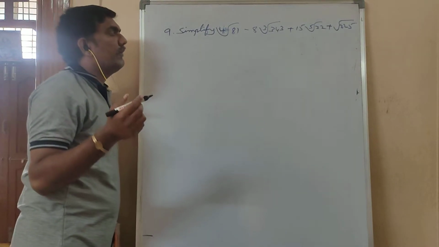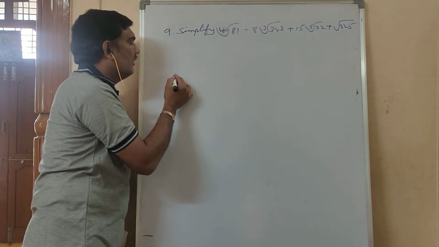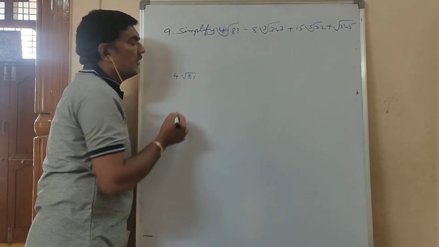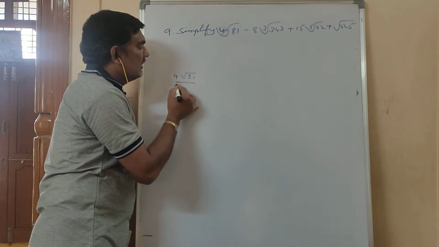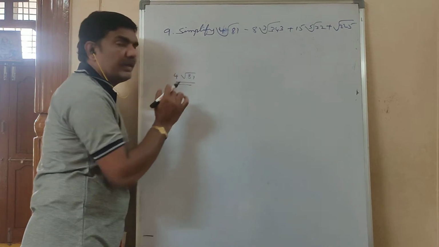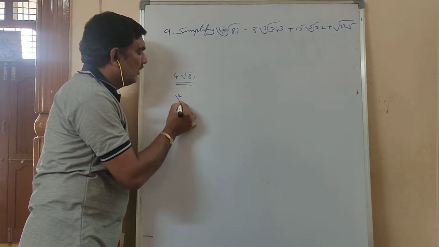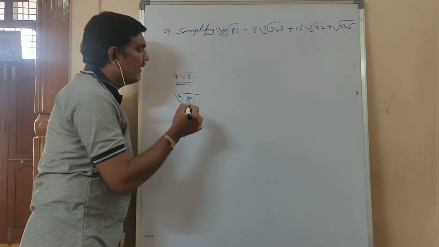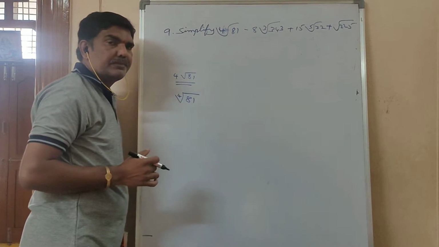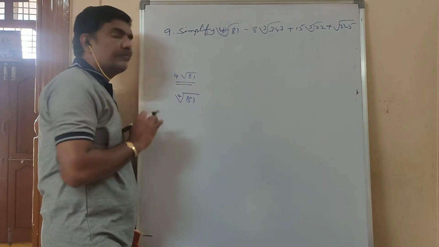Maybe for some students reading, how do you have to read this? This is 4, and this is root 81. You have to read this as 4 into square root of 81. If I write the 4 small and write 81 like this, this is the fourth root of 81. These two are different; they are not the same.